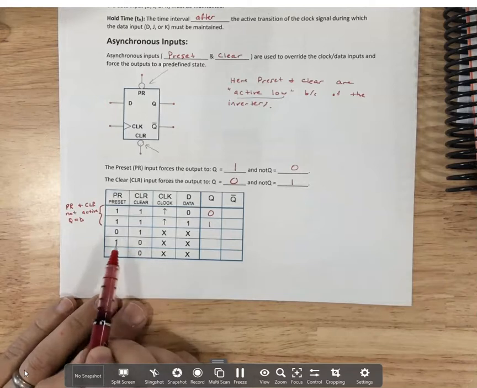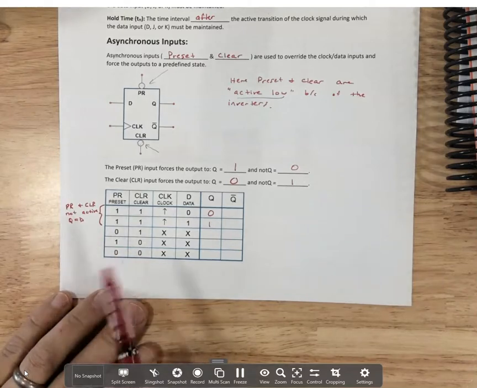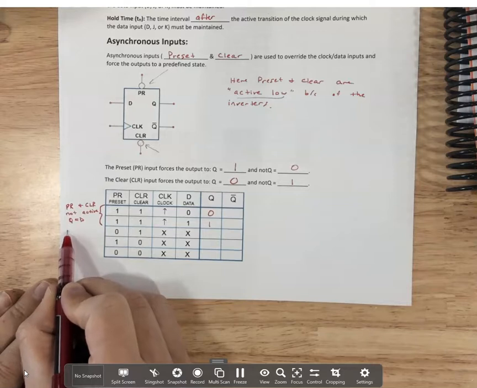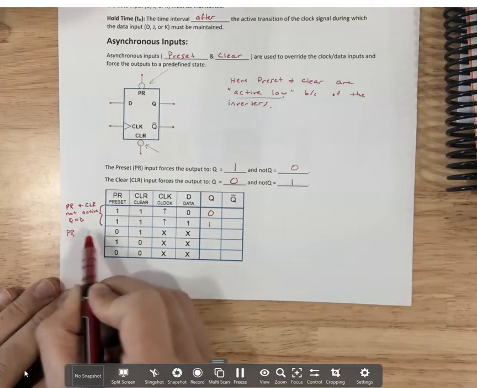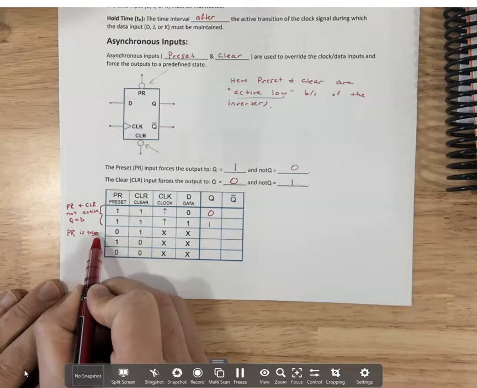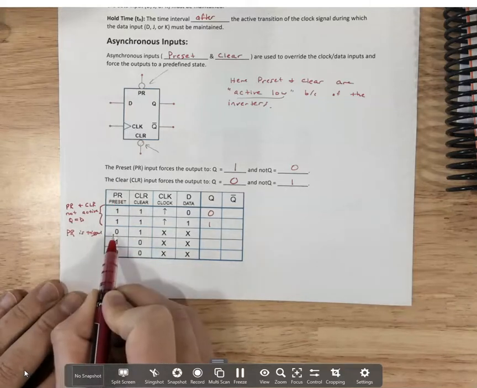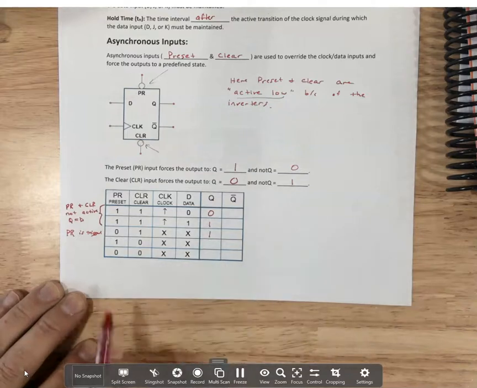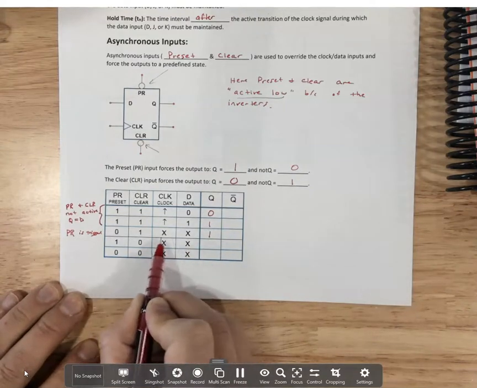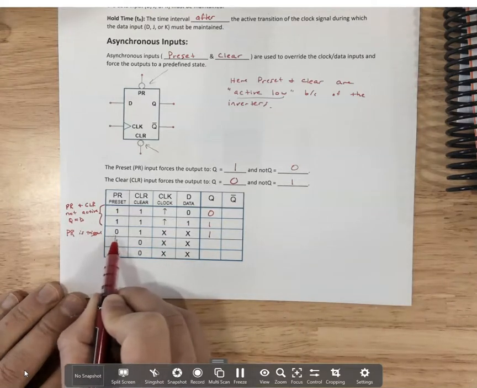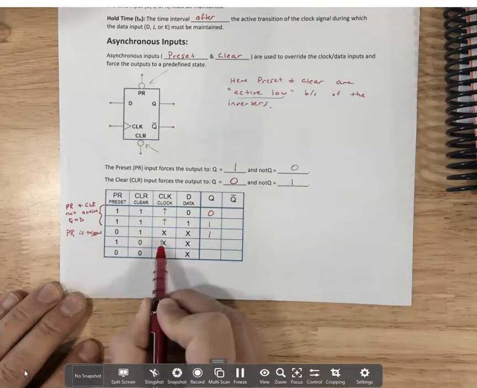Okay, now with the next one, it's active low, right? So basically, PR has been triggered because it's active low. So preset sets Q to become a 1. And these are X'd out because they don't matter. The clock signal, when the preset is triggered, it overrides the clock.